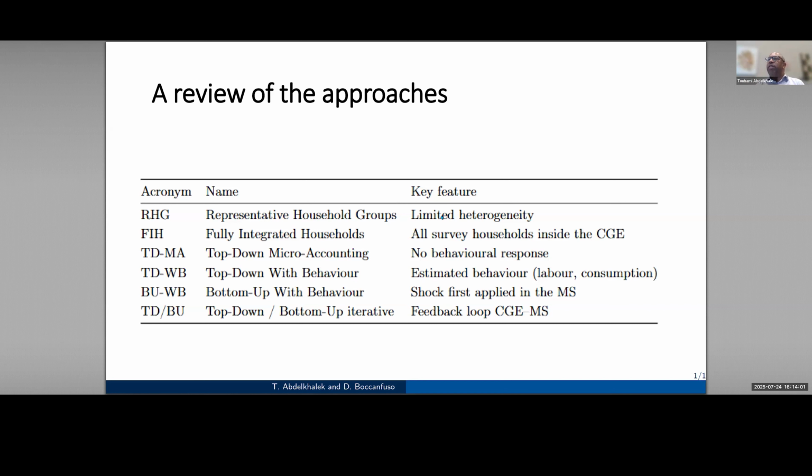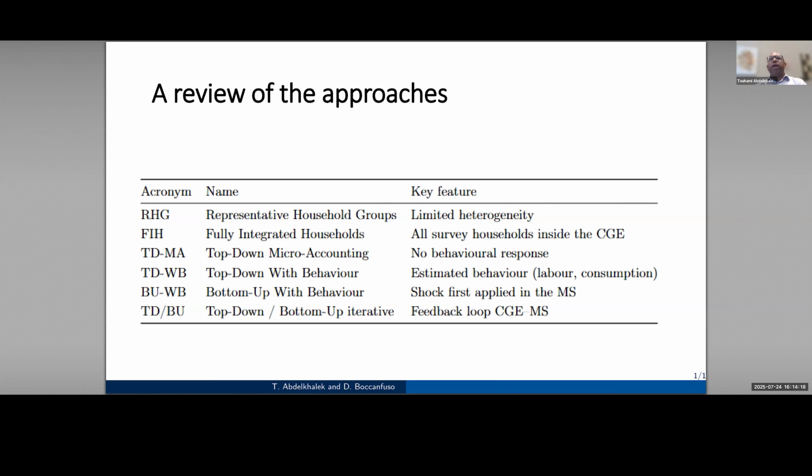This is one possibility. But of course, if we construct a model with limited heterogeneity, we can capture the impact on each group, but we cannot capture the heterogeneity intra-group, within each group.